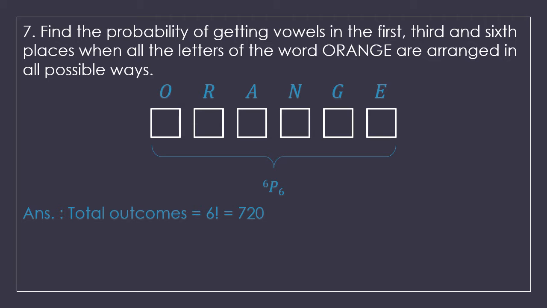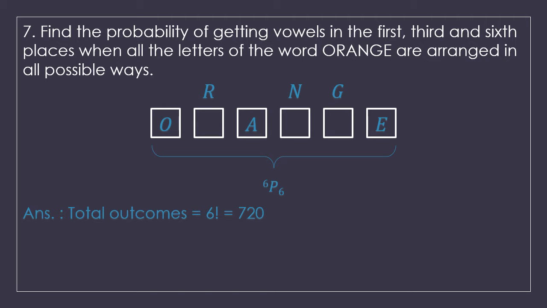Now the first, third and sixth places, the vowels are O, A and E. That means O in the first place, A at the third place and E on the sixth place. Now they have not said that O should be on the first place only. That means these 3 characters could be arranged any way we want in these 3 places.